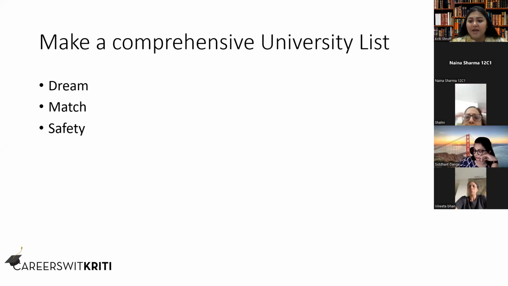The biggest mistake that I have seen over the years done by students and parents is that when we are making the university list at the onset, we are usually very selective. You may have your own criteria saying that I don't want to go to this city, I don't want to go to that type of university, I only want to apply to this ranked institution, I only want to apply here, I don't want to apply there.